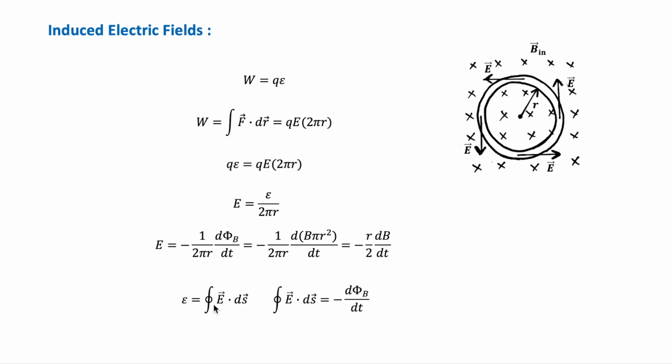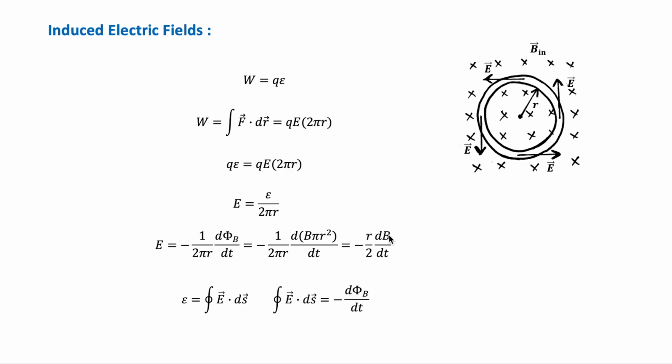So ε is equal to the closed integral of E dot ds, and we may write this equation here, okay? So note that this induced electric field E is a non-conservative field because the work done in moving a charge around a closed path by this field is not zero, okay? And so this electric field produced by a changing magnetic field is different from the electrostatic field produced by stationary charges, okay?